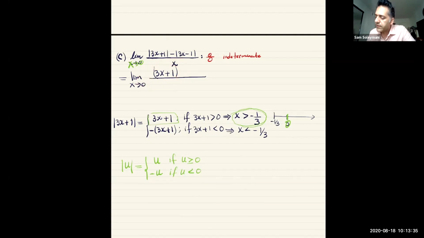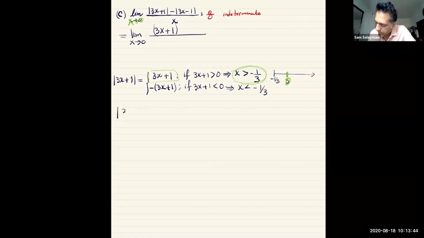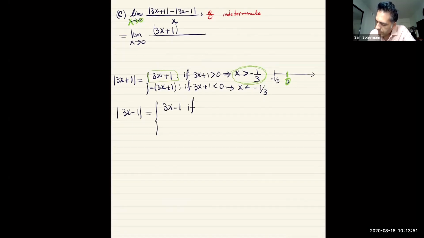Now let's look at the other absolute value, which is the absolute value of 3x minus 1. There are two pieces. It's 3x minus 1 if 3x minus 1 is positive, or if x is greater than 1/3, because when you move the 1 over, you get 1.